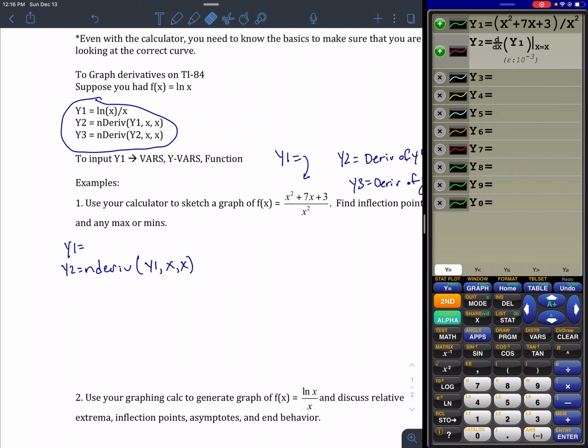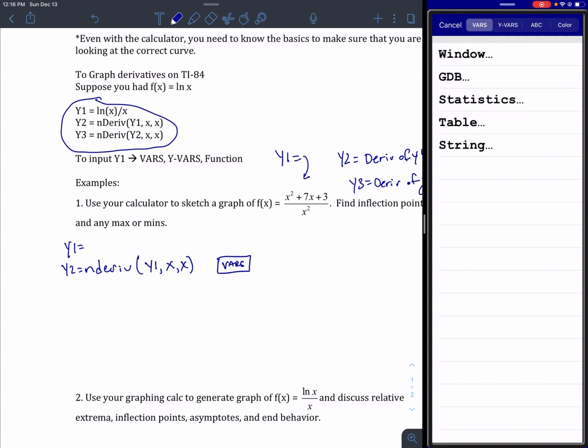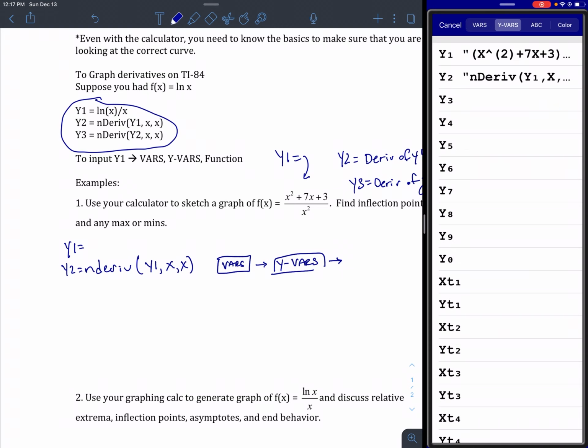You'll hit the button that says vars, right here, just like that. Then you're going to choose the one that says y vars, and then you will choose the function that you want. So you'll have to choose y1 in this case. That's how you do it if you have the older software.